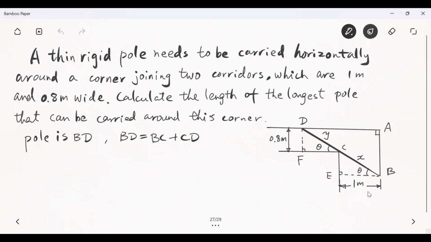The big triangle is BAD. And on the right side, there are two small triangles, BCE and CDF. And the pole is BD.